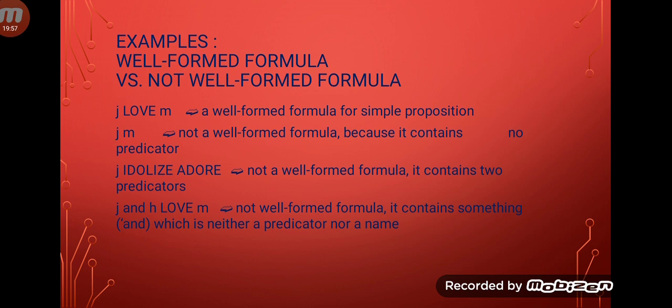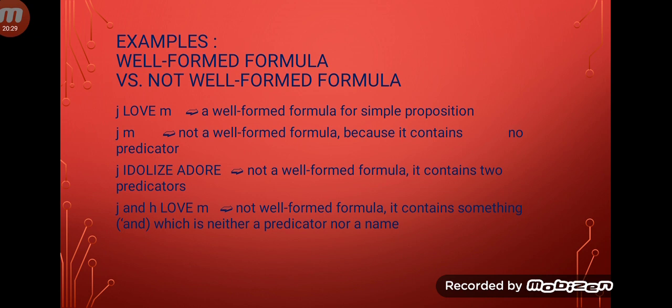We can find here J love M. This is a well-formed formula for a simple proposition. And then if just j and m, it is not a well-formed formula because it contains no predicator. And then how about J idolize a door?